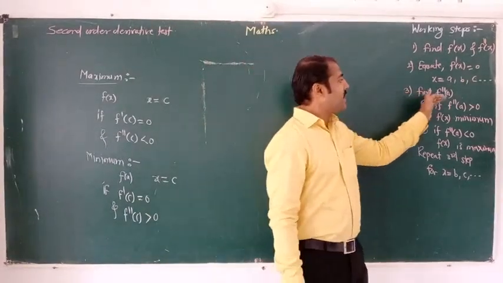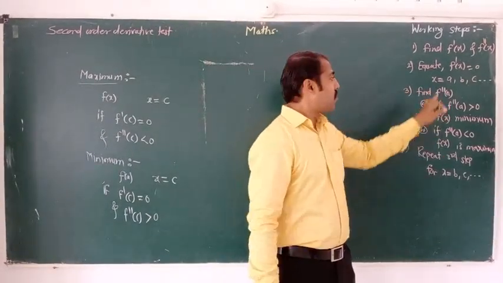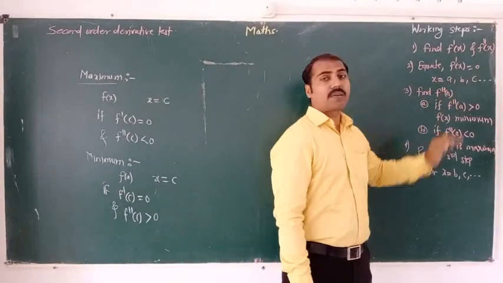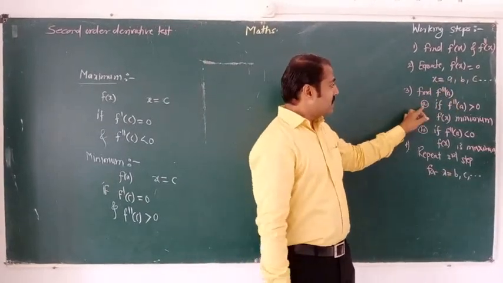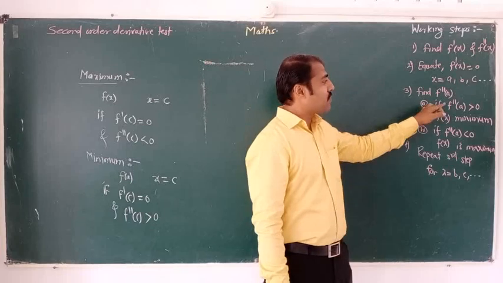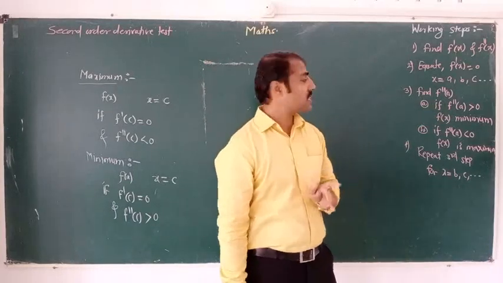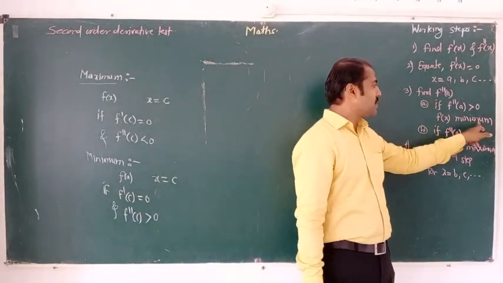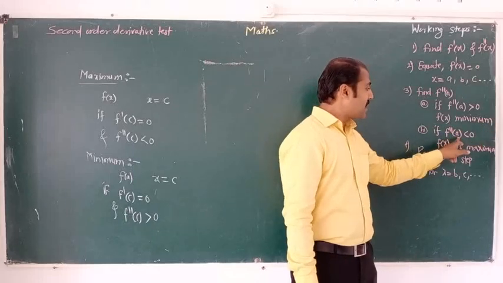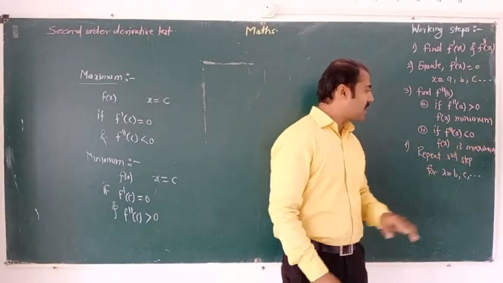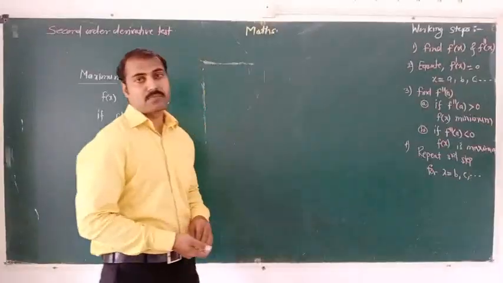Third step, for x equal to a, find f double dash of a. Sub-step of the third step: if f double dash of a is greater than 0, then f of x is minimum. If f double dash of a is less than 0, then f of x is maximum.